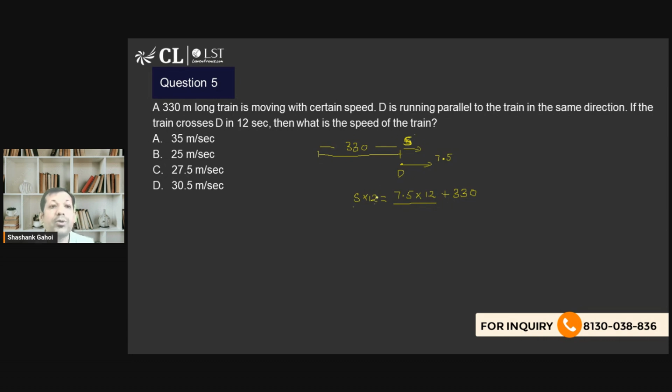That should be equal to the length of the train, because when the train is crossing D, the train is covering its own length, right? So it is going to cover 330 meters plus the distance that is covered by D. So 7.5 into 12 plus 330. So this comes out to be 420, that is equal to 12 into speed of train. So the speed of train comes out to be 420 upon 12, that is 35 meters per second. So the answer of this question is going to be option A.